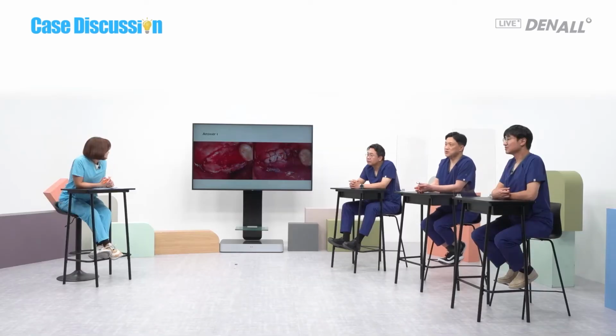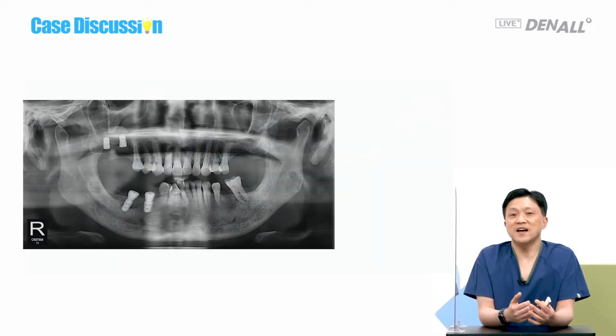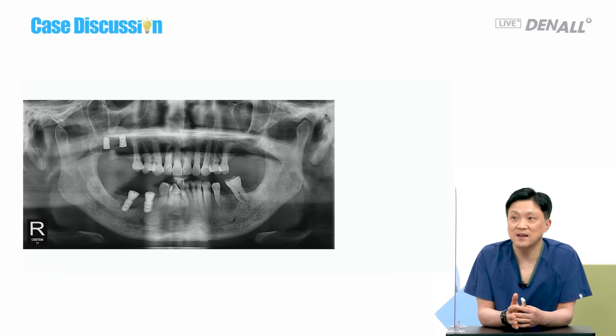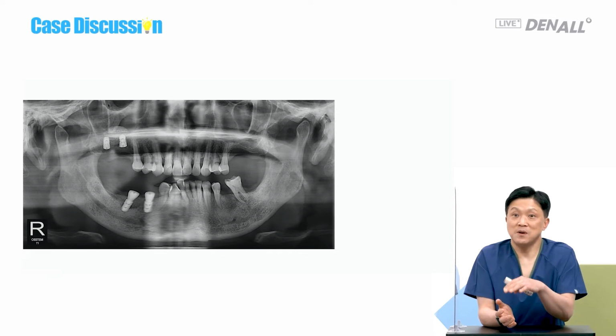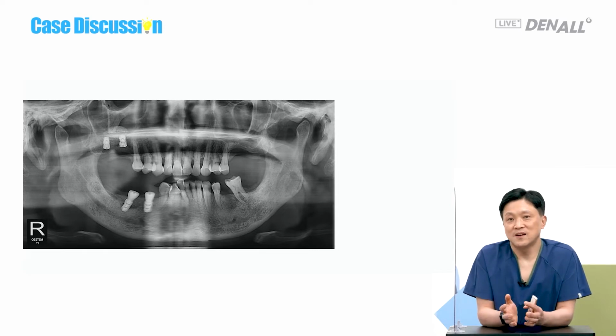The reason I showed you this is that I do vertical augmentation, and I prefer to position the implant on the basal bone, and I prefer to do a lot of vertical augmentation. Even in the defective site, I do bone augmentation.